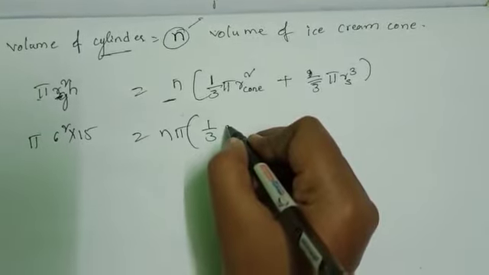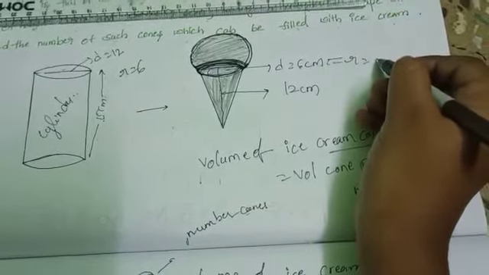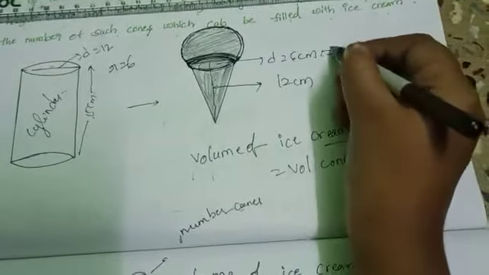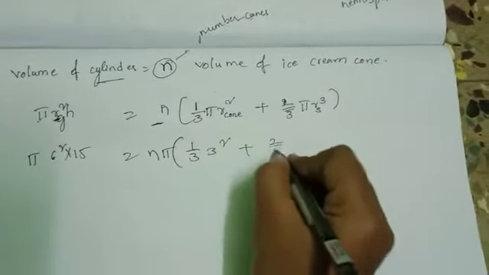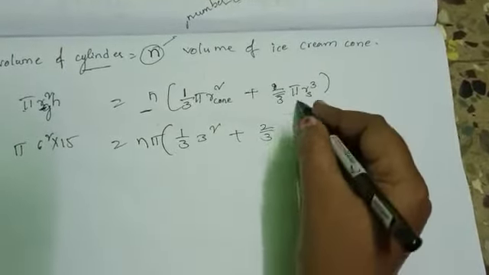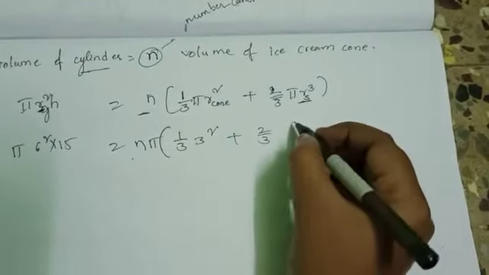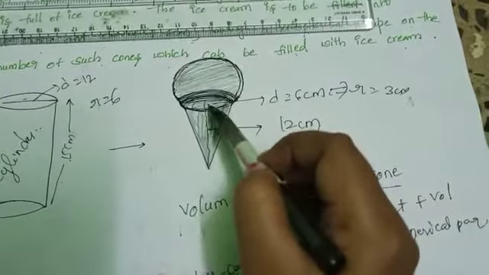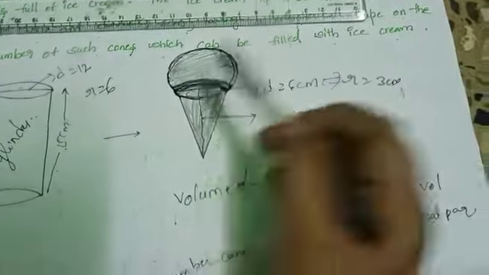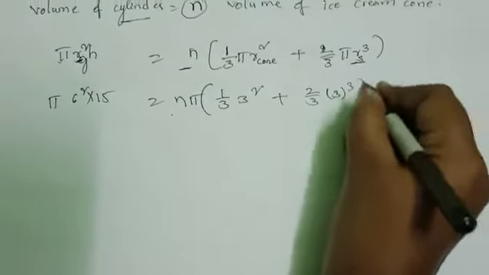Here 1 by 3 pi is common, r square, the radius of the cone. The diameter is 6, so the radius is 6 by 2, which is 3 centimeters. 3 square plus 2 by 3 into pi is common, r cube, the radius of the hemisphere. The radius of the cone equals the radius of the hemisphere, so it is 3 cube.